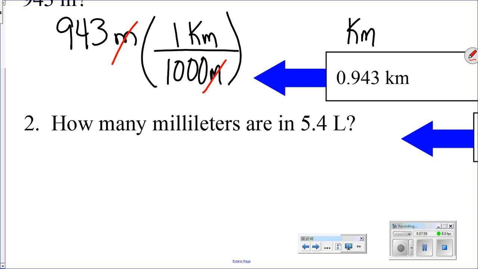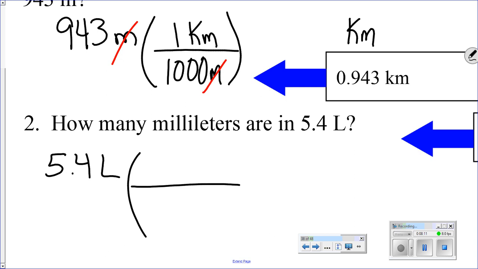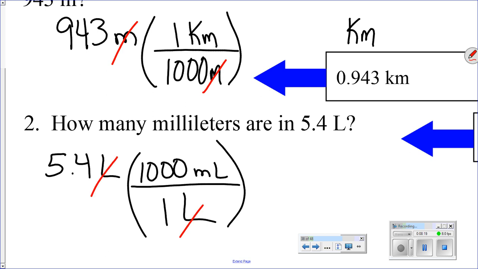If we want to figure out how many milliliters are in 5.4 liters, we're going to start with our 5.4 liters. I want liters to go away, so I'll put 1 liter on the bottom and 1,000 milliliters on top. My liters cancel.